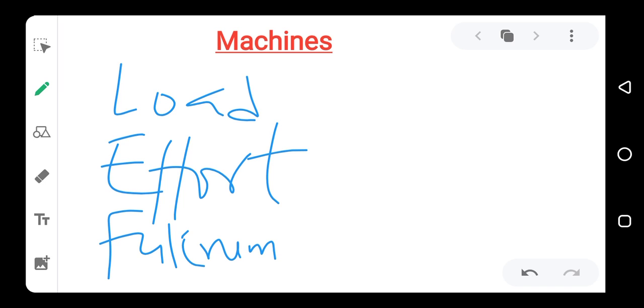Fulcrum, on the other hand, is the support in the machine or the fixed point. That is what helps the machine to stand. We call it the fulcrum.